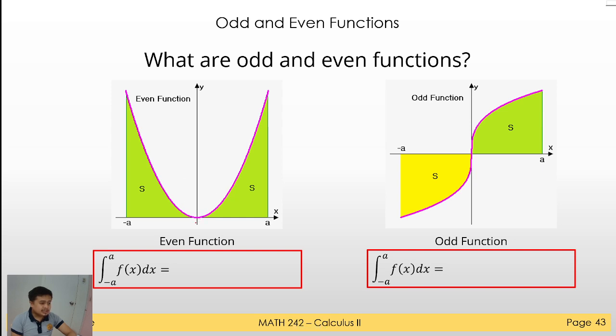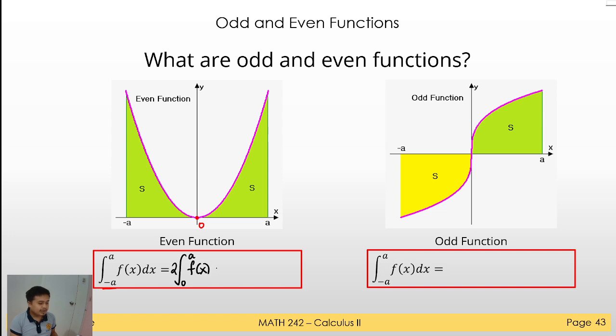So let's say we start from 0 here. This is the symmetry point. Then the integral or the area under this curve, from negative a to a, is also the same as finding this integral from 0 to a. So we can find the area of this and then just multiply it by 2.